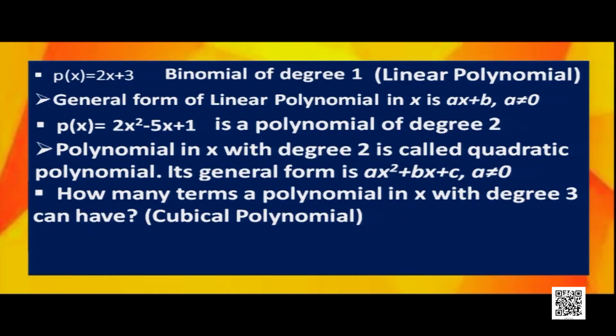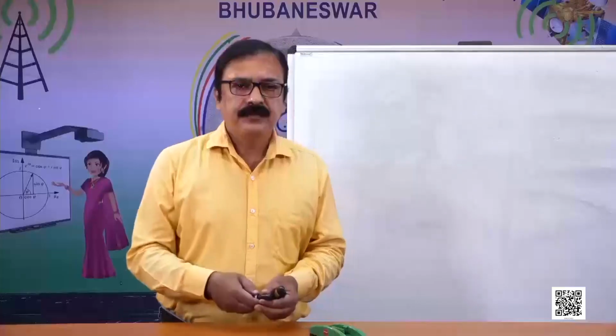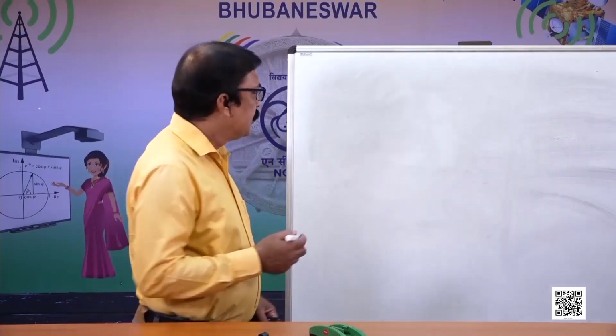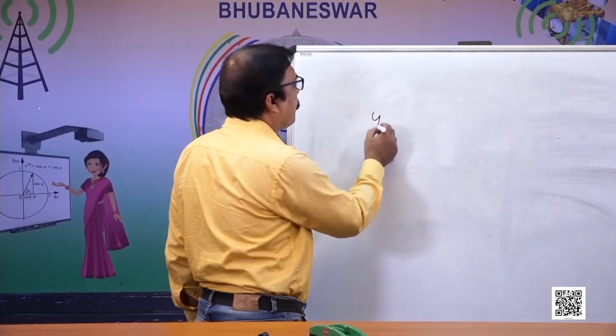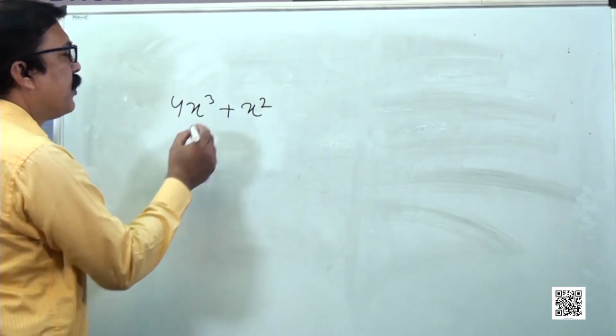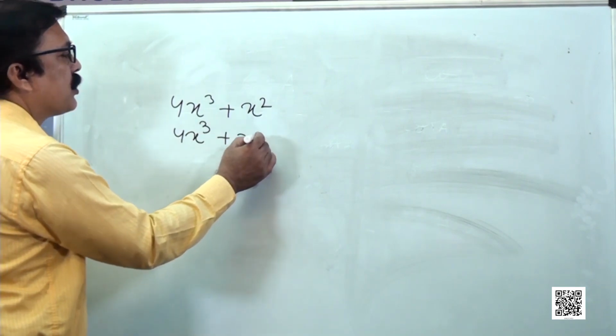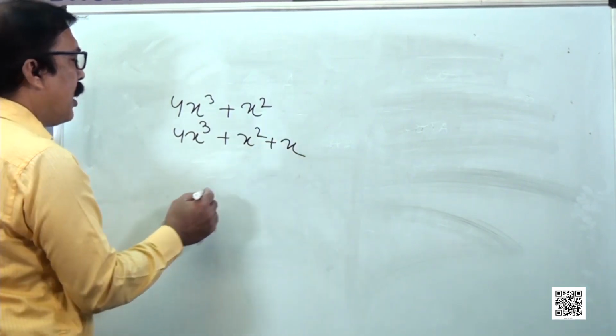In this case, the number of terms is between 1 and 4. As we can see, 4x cube plus x square is cubic. 4x cube plus x square plus x is cubic.